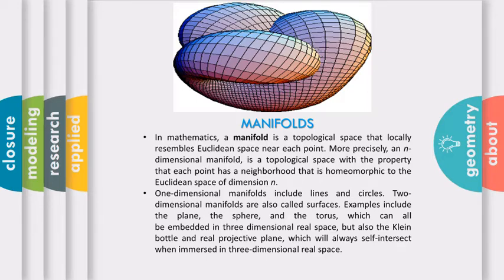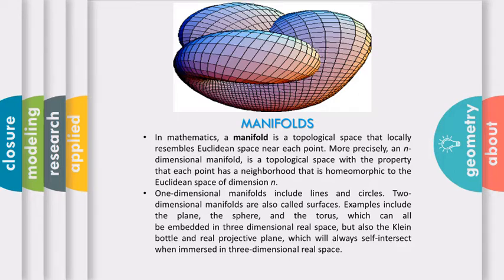But also the Klein bottle and the real projective plane, which will always self-intersect when immersed in three-dimensional real space. So these are some of the things, like how we define an object in 1D, how we define it in 2D and 3D, and how they intersect each other. The study of this kind of shape comes under the manifolds part.